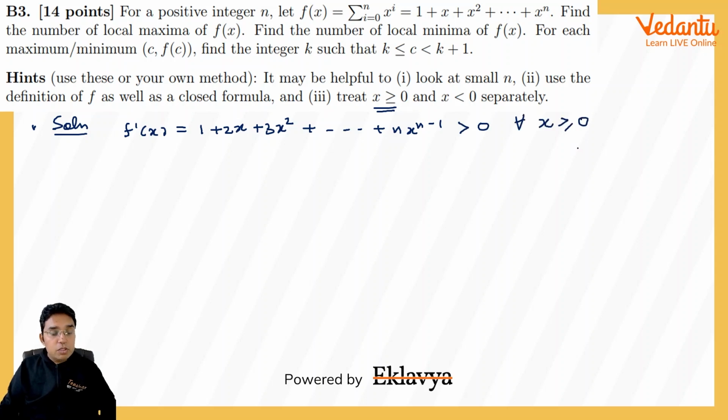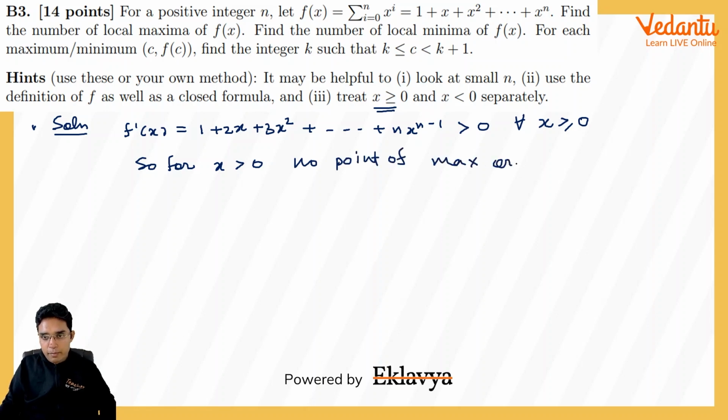So there is no chance that it may have maxima or minima when x is positive. So for x positive, no point of either maxima or minima.